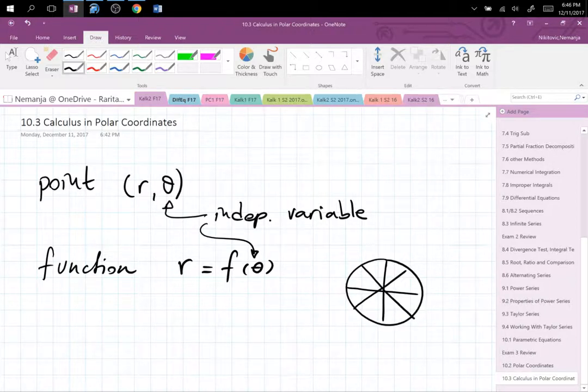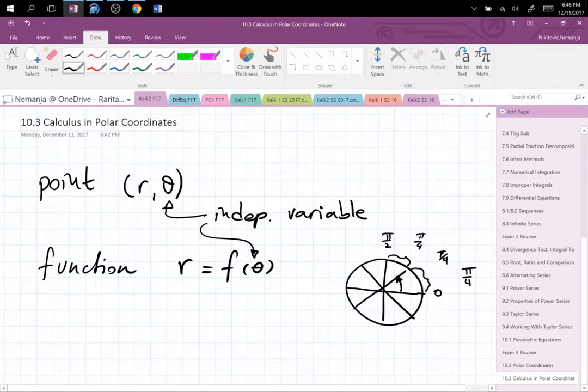This one slice here is from 0 to pi over 4, so it has an angular width of pi over 4. Then the next one is from pi over 4 to pi over 2, also pi over 4 in width.